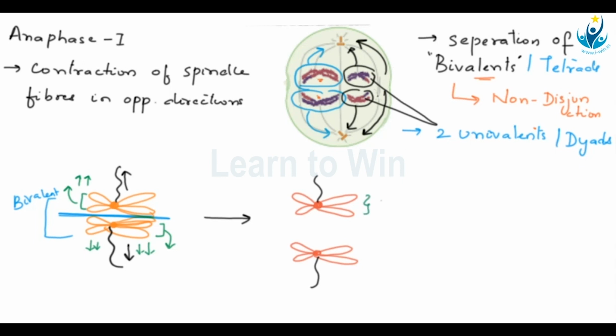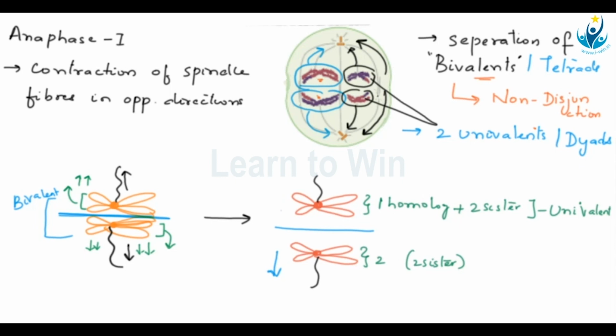So I call this one homologous chromosome with its two sister chromatids. Correct? And this is my univalent one, which is also called a dyad. And this is my second chromosome or another homolog, again with its own two sister chromatids. In this way, both of them got separated. One will go towards the lower pole and one towards the upper pole.